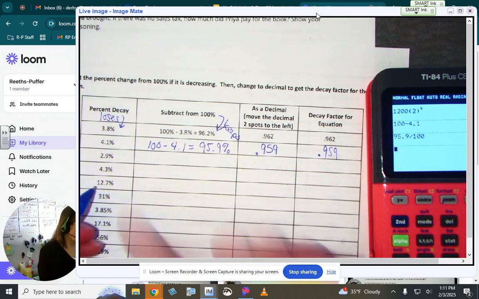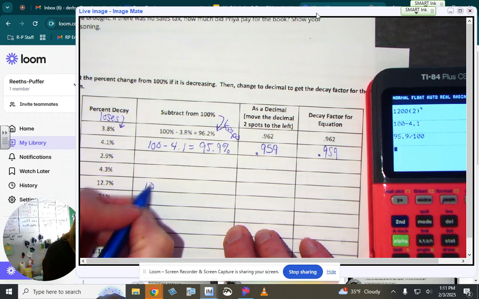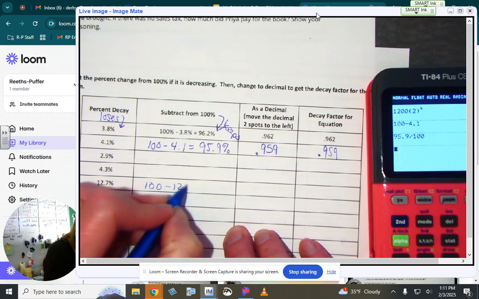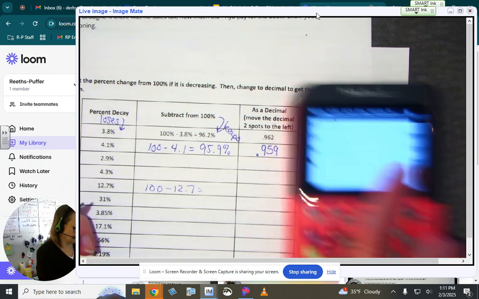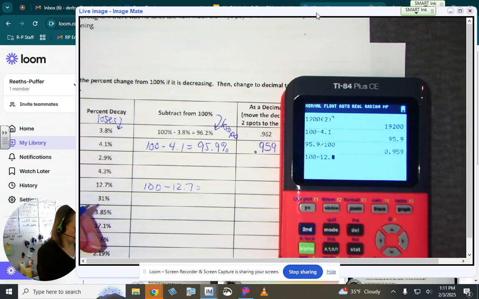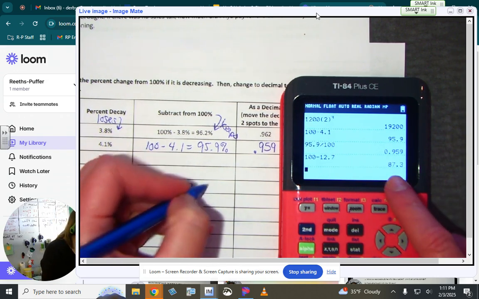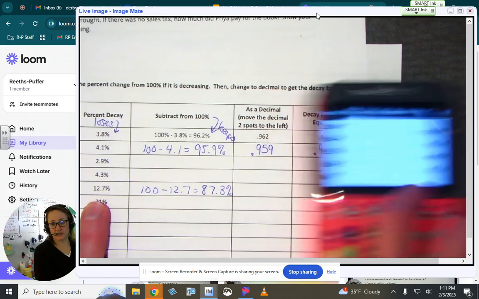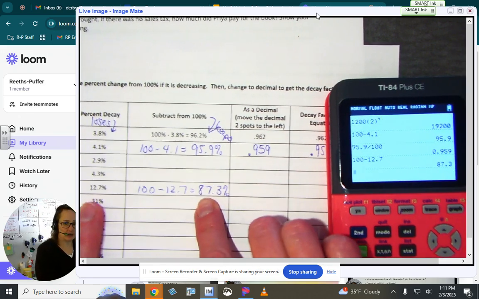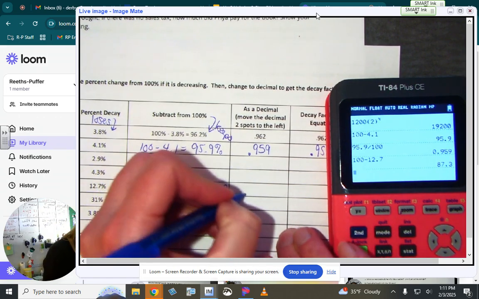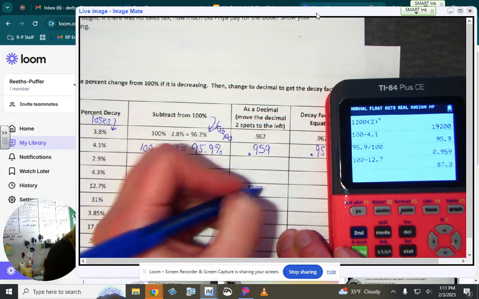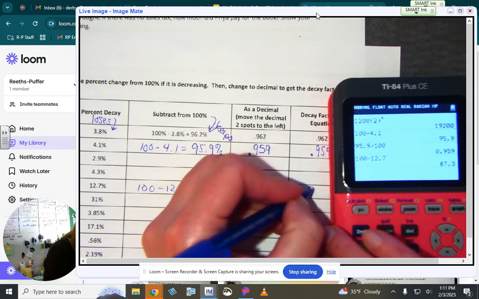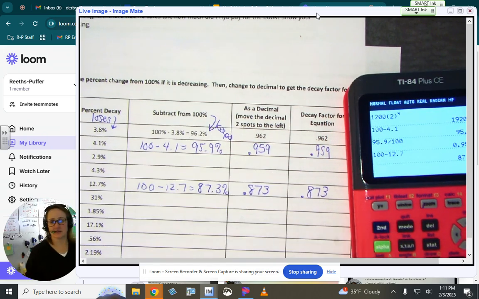And we can keep on doing this. Like if I have 100 minus 12.7, $87.3 is how much it keeps. So it loses 12.7. This is the keeper amount. Move that 2 decimal places or divide it by 100. And we find out the multiplier that we would use in an equation.